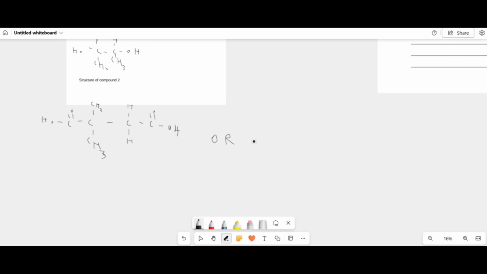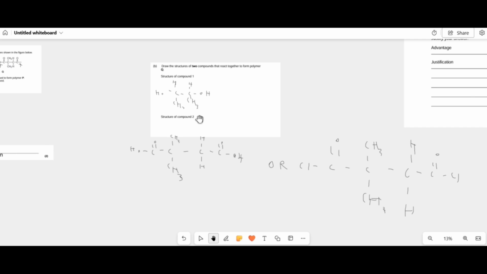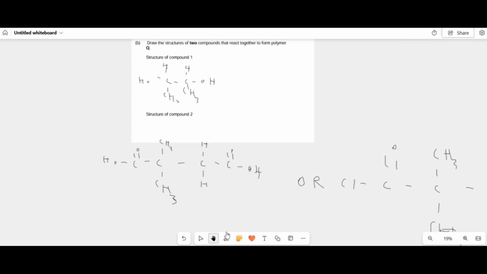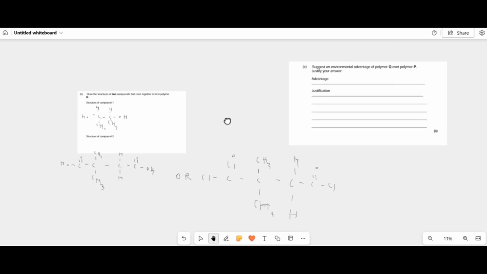So therefore, I can put ClCO, CH3, same thing, CH3, C double bond, CHH, and then C double bond O, and then CO. Acyl chloride reacting to that. I just spoke about last question how that's going to be reacting, nucleophilic, whatever. So there you go.